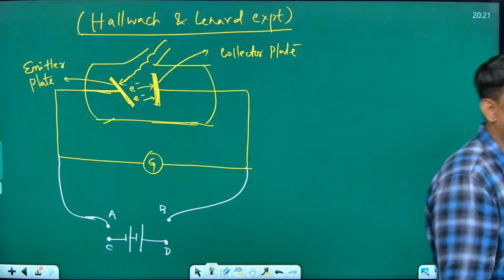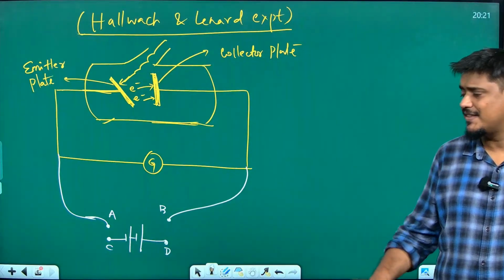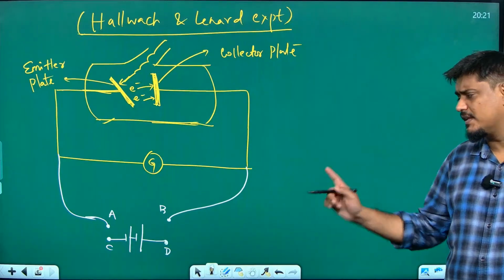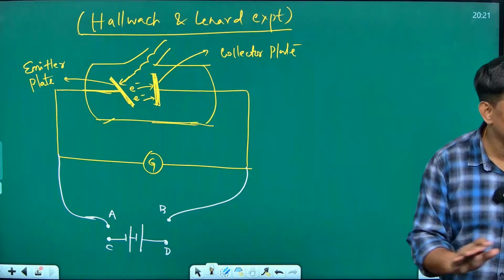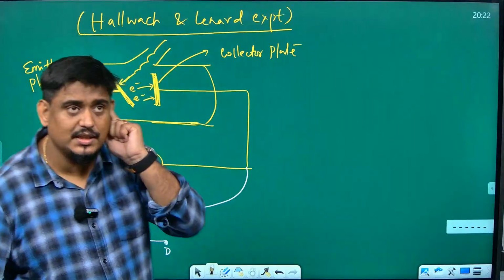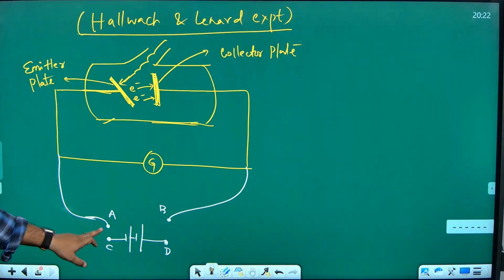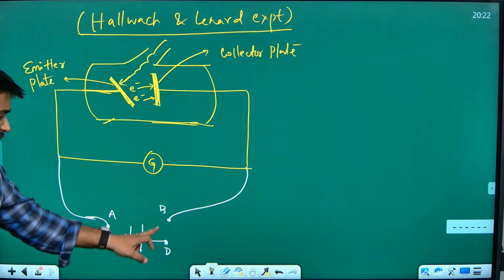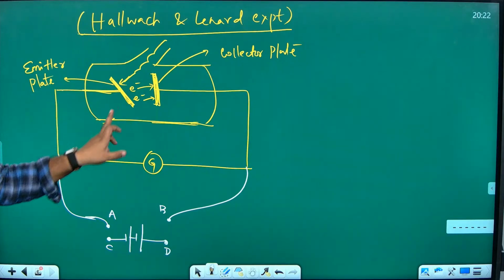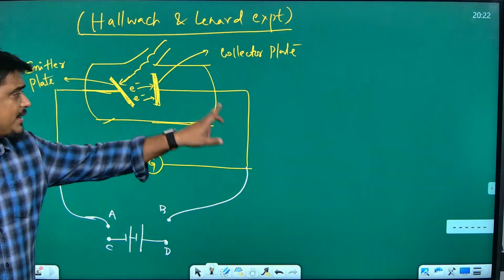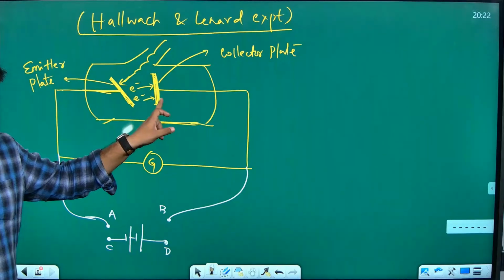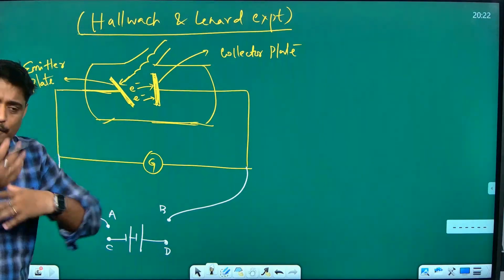I have two options now. I can connect A with C and B with D, or I can connect A with D and B with C. Why do I want both options? Because if I connect A with C and B with D, your emitter plate will become negative and your collector plate will become positive. This negative plate will repel the electron coming out, and the positive plate will attract it. So it will speed up the effect.